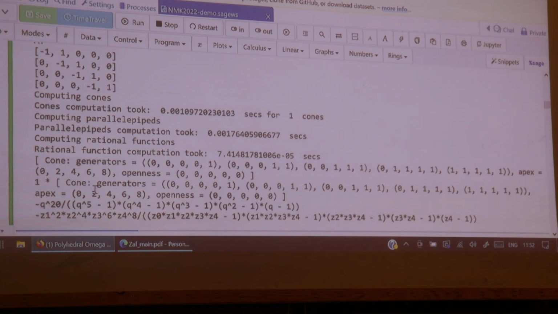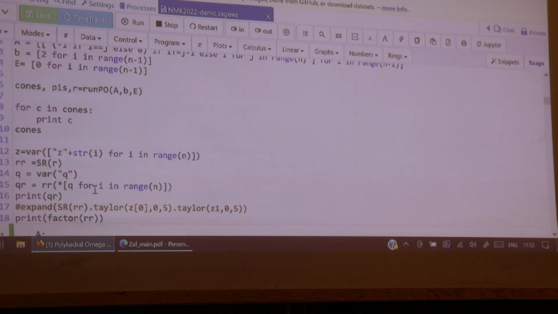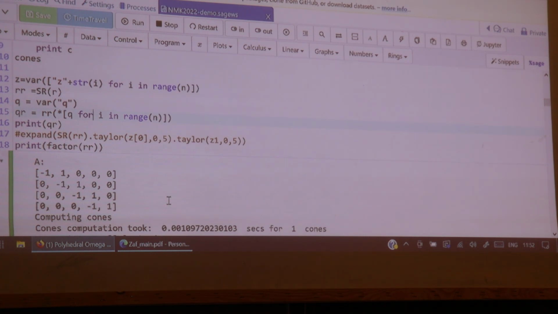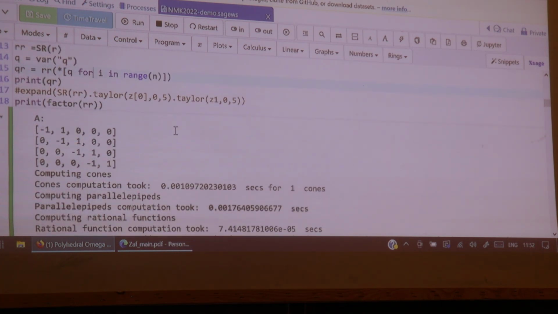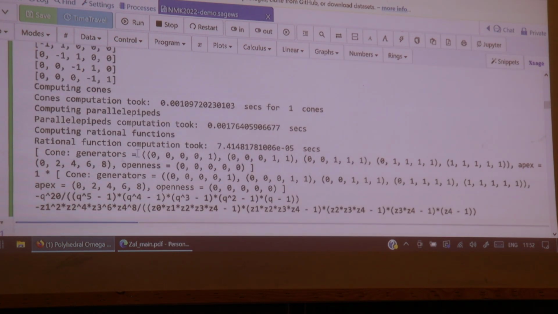This is up to 5 parts. Okay. Where do you want the square? Here. So the question is, why do I get 20 instead of a square?